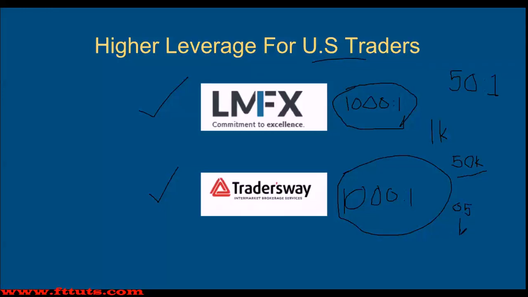So in reality, if you only have $1,000 and you have 50 leverage, you're only going to be able to really take 1 mini lot, which is just going to control 10,000 units, which is going to be about $1 per pip. Okay? Hopefully all of you guys followed along with that.